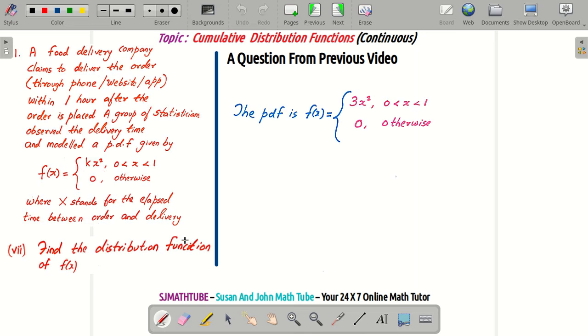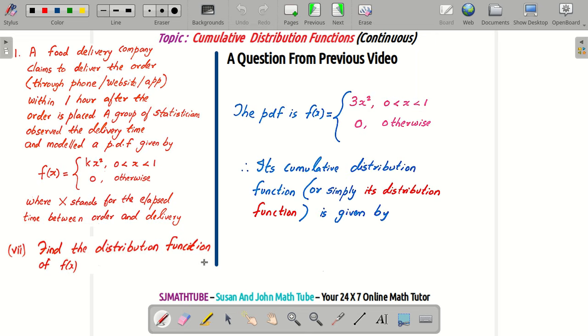I hope you remember the PDF is 3x square for 0 less than x less than 1 and 0 otherwise, and we have to find the cumulative distribution function, or simply the distribution function.